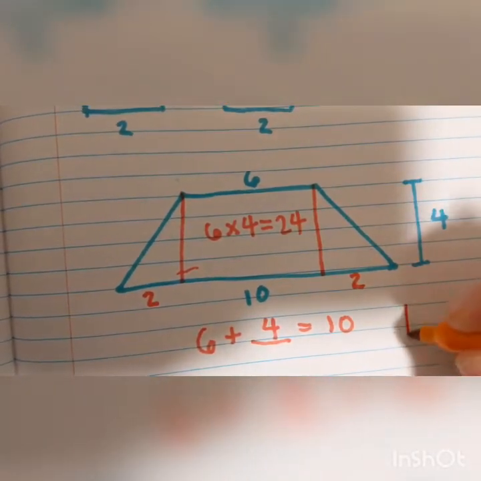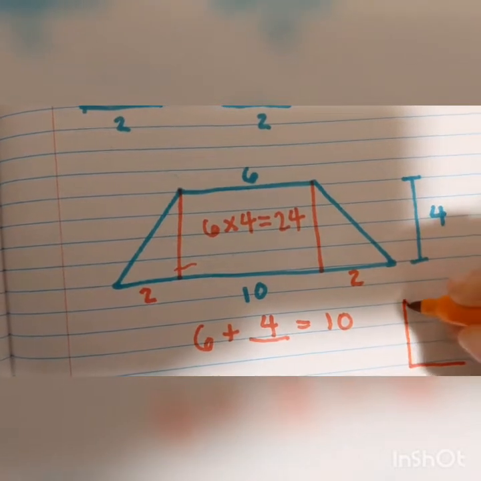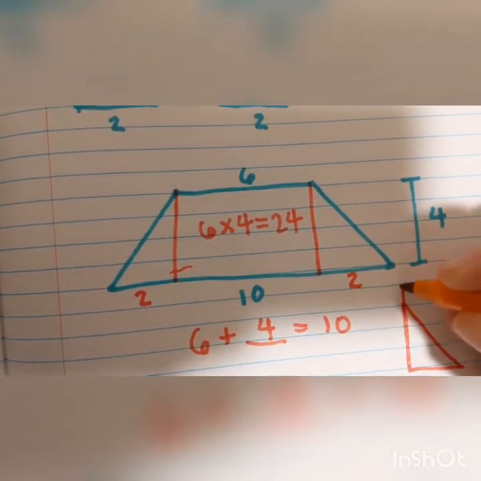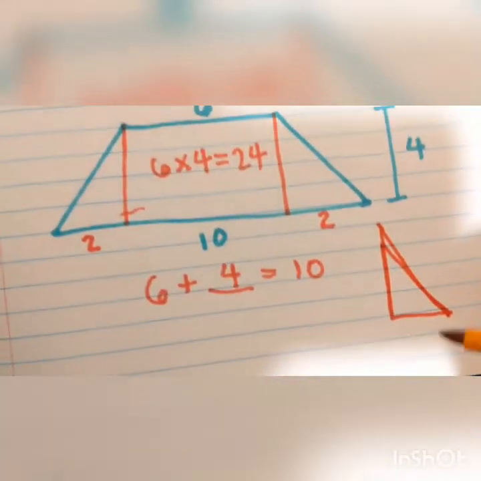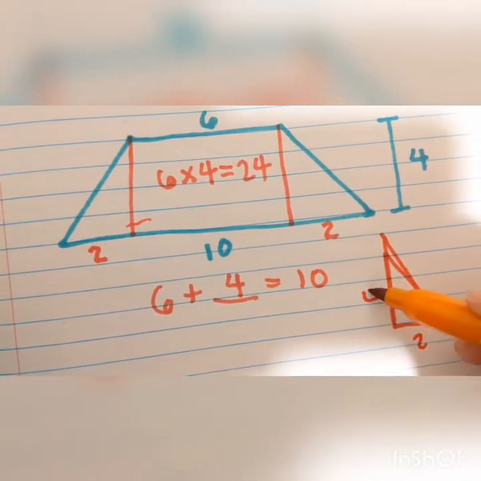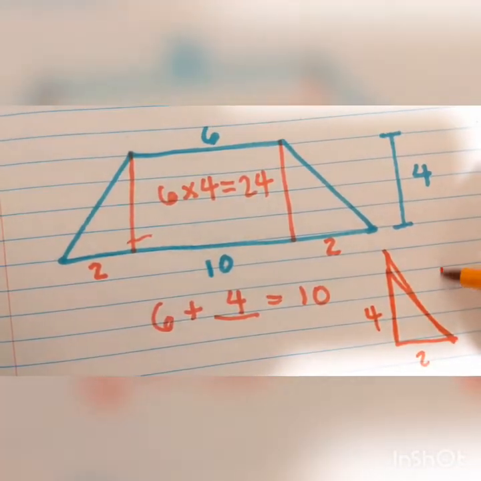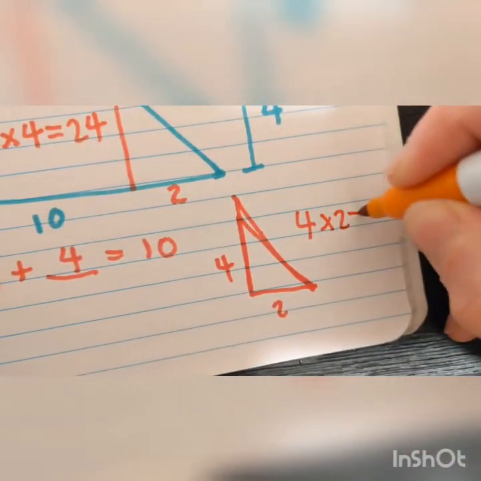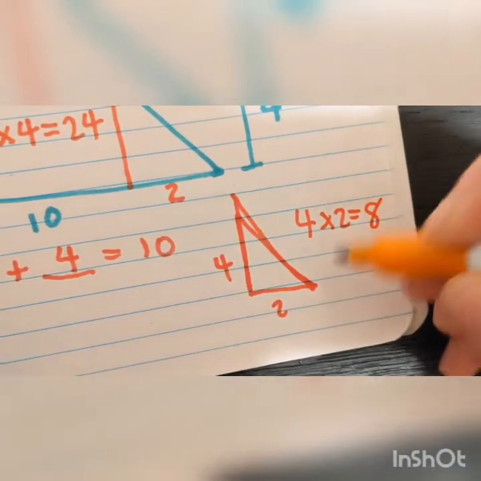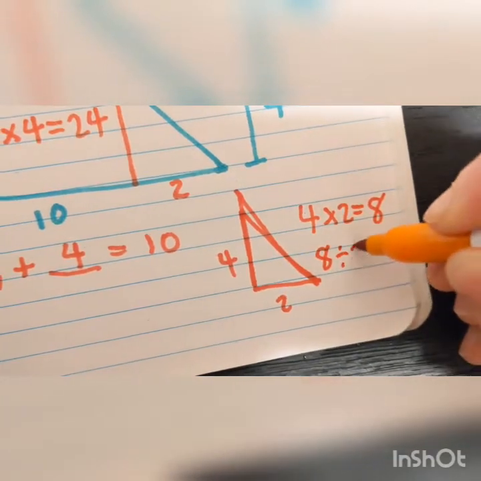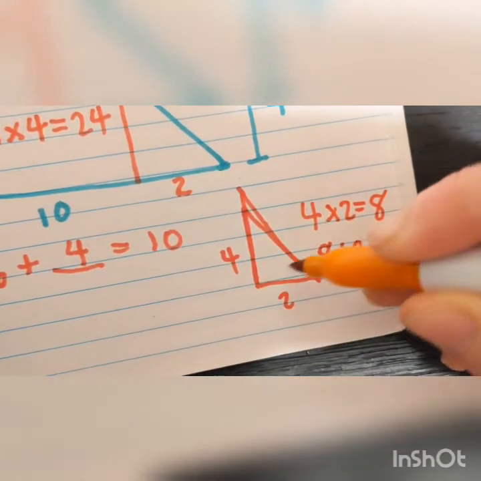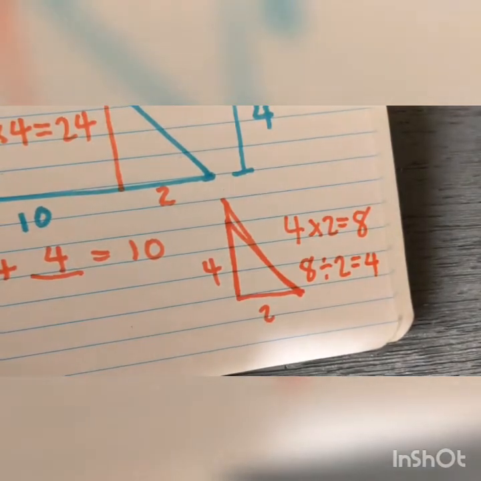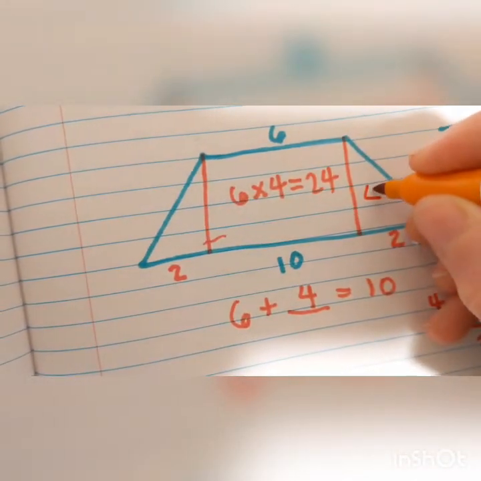So each of my triangles, I'm going to redraw it so it's a little bit easier to see, is 2 by 4. So I know I can do 4 times 2 is 8, and 8 divided by 2 equals 4. So each of my triangles has an area of 4.